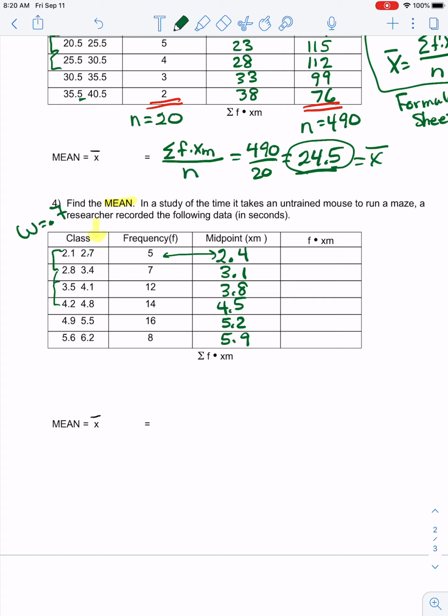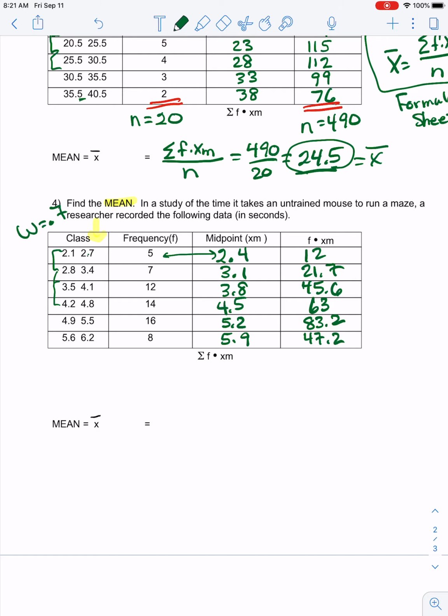Let's do that quick. 5 times 2.4 gives you 12. 7 times 3.1 is 21.7. 12 times 3.8 is 45.6. 14 times 4.5 is 63. 16 times 5.2. I apologize, I should have had this in. I just added it and didn't write them in. 8 times 5.9. So we're kind of like in class.